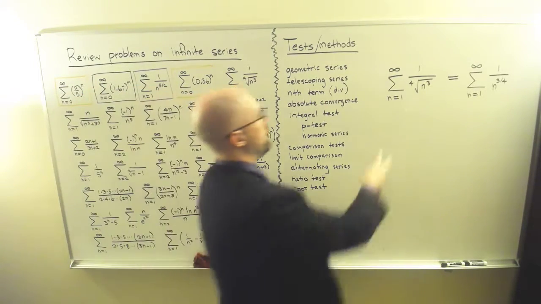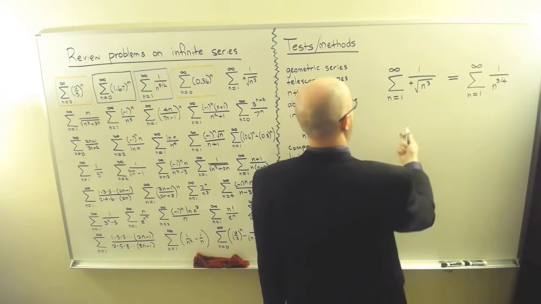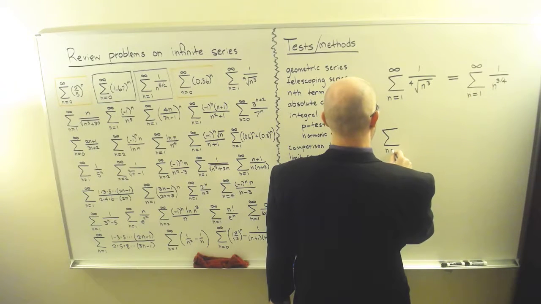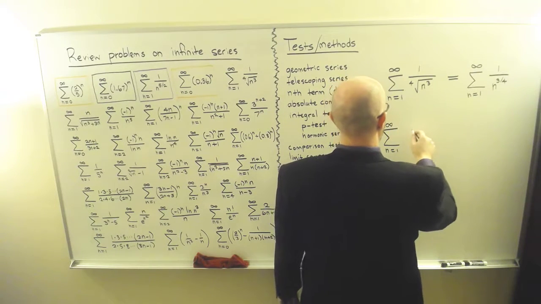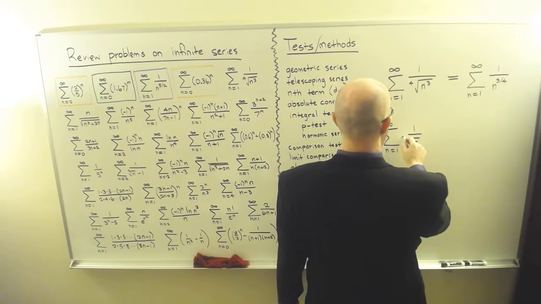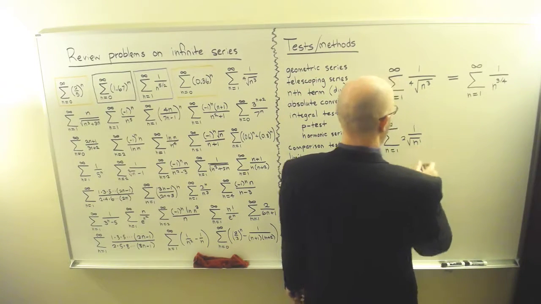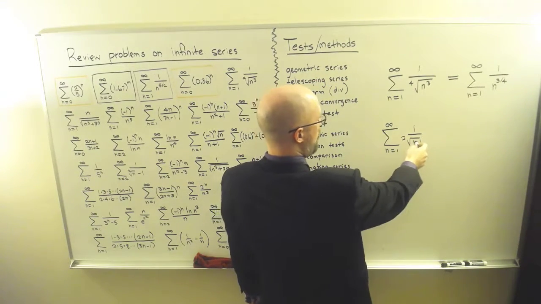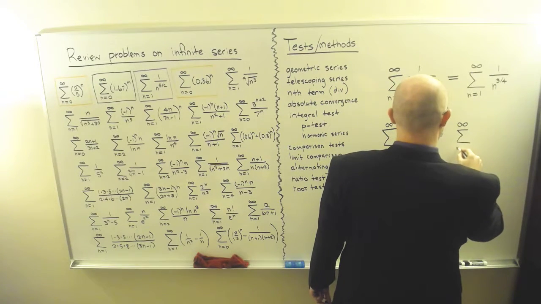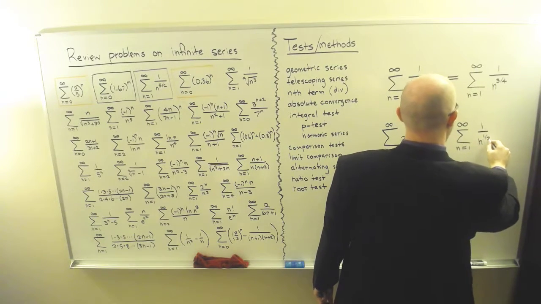It's a nuisance because these kind of change order when you look at it like that, right? If I was looking at n equals 1 to infinity of just the square root, square root really means you have a 2 here for the root, and a 1 for the exponent, so this is the same as n equals 1, and then n to the 1 half.